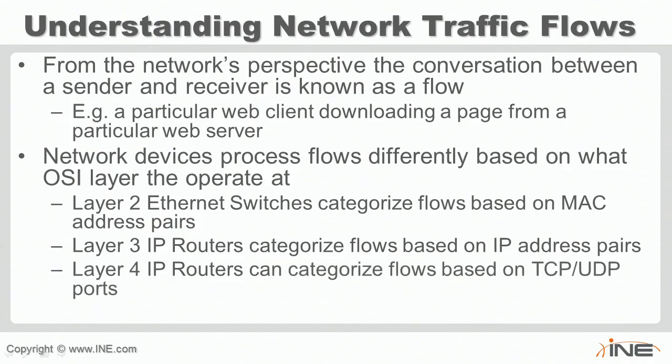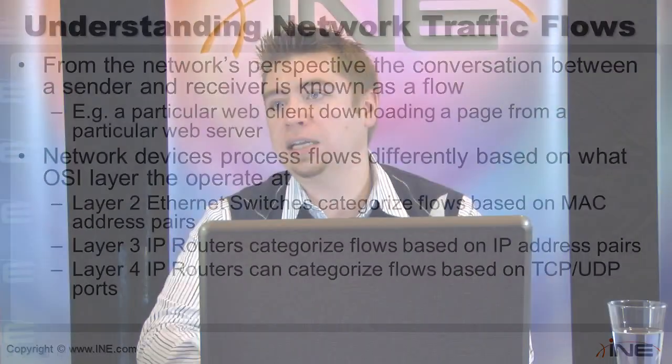And layer 4 devices could even categorize the flows based on the TCP or the UDP data. So different physical devices in the network, like a content switch, for example, would be able to say, I don't care about the layer 2 header, the layer 3 header, the layer 4 header. I'm going to load balance my traffic between web servers based on maybe something that's going on at the application layer.